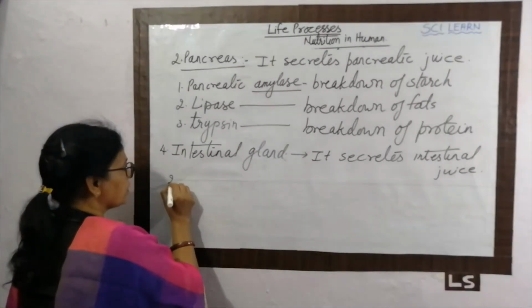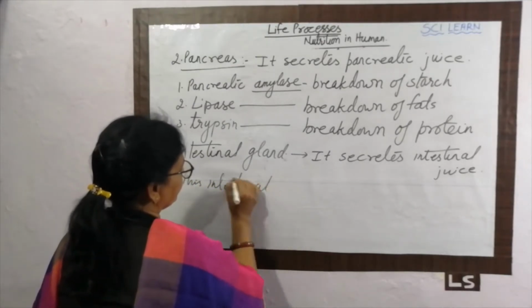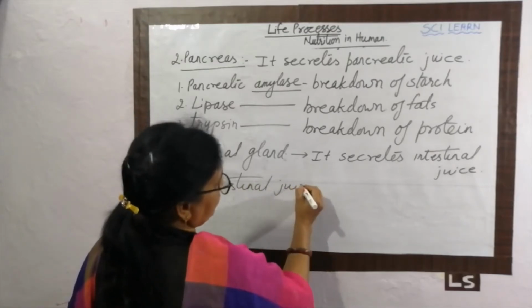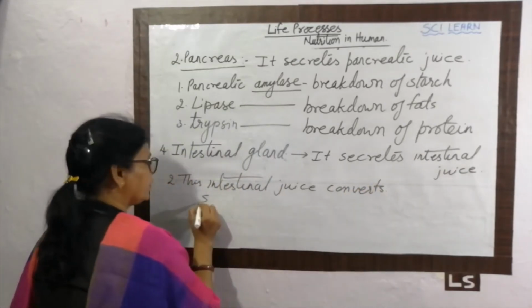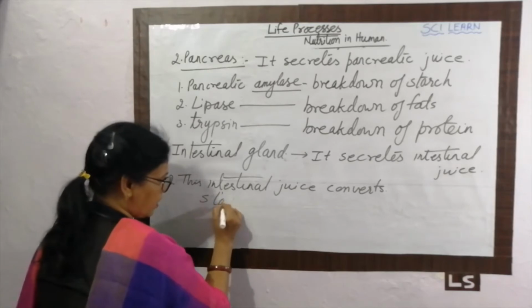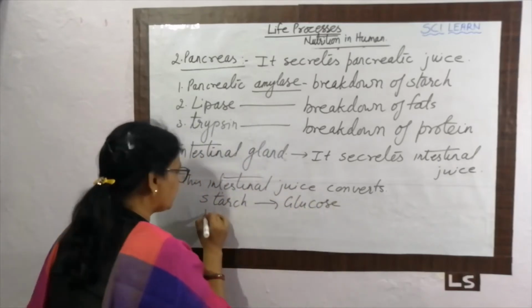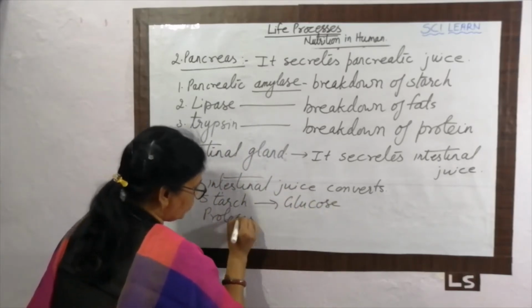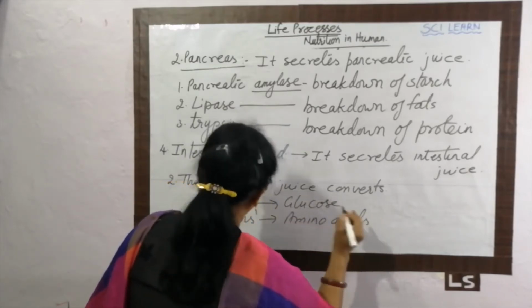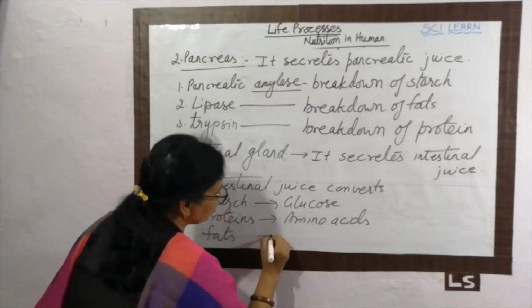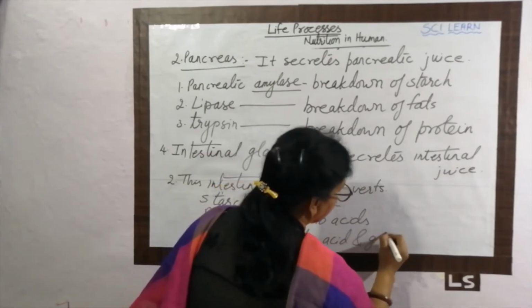This intestinal juice converts starch to glucose, protein to amino acids, and fats to fatty acids and glycerol.